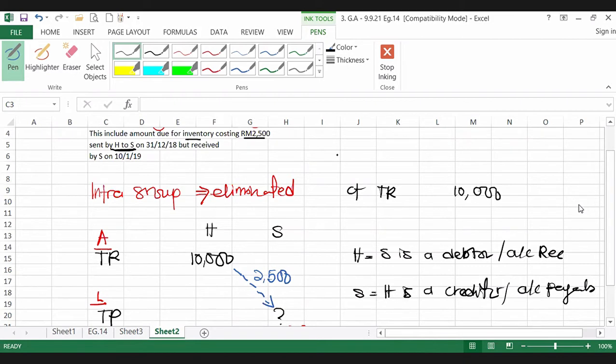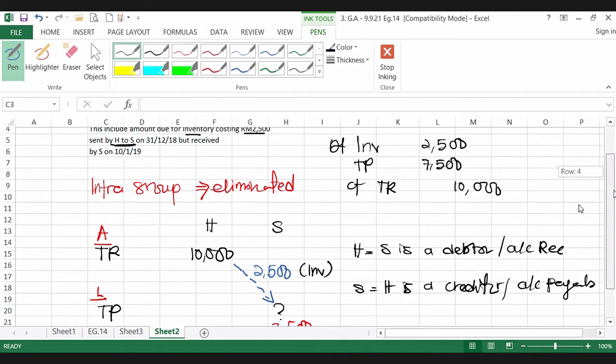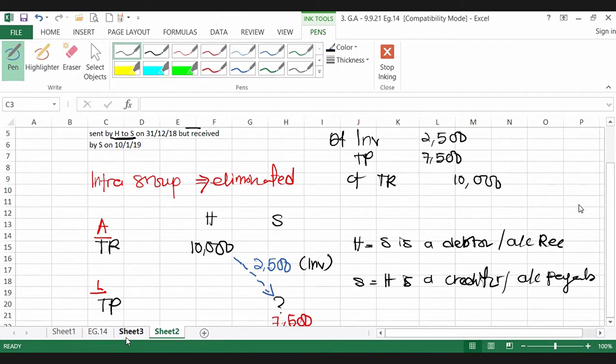Then inventory, you have to plus back 2,500. So the missing figure 7,500 is the TP. And logically, TP is liability, eliminate is debit. So this is the double entry. In terms of debit and credit, what happened to our financial statements?